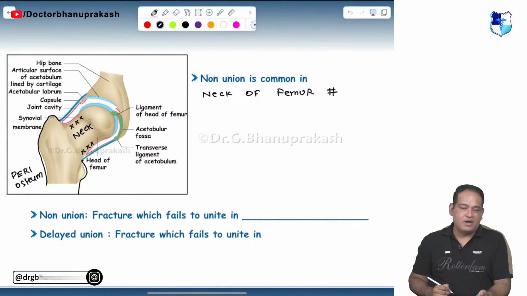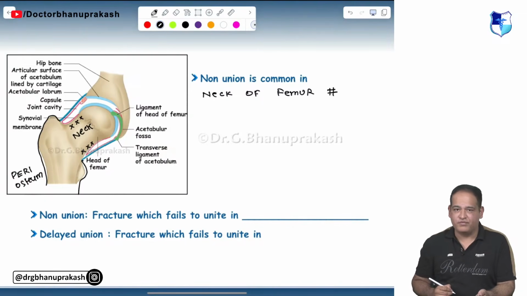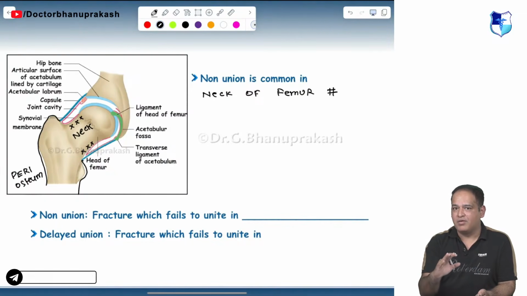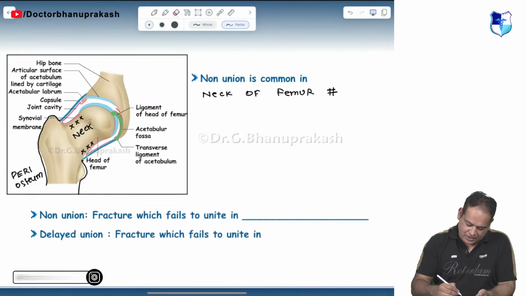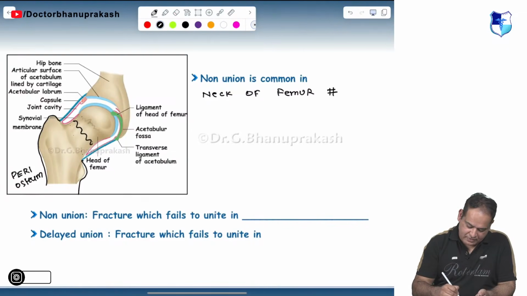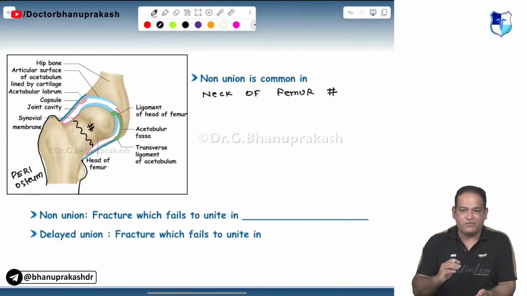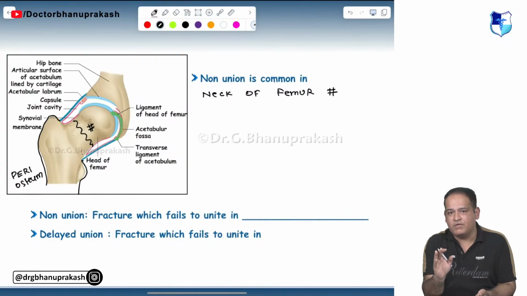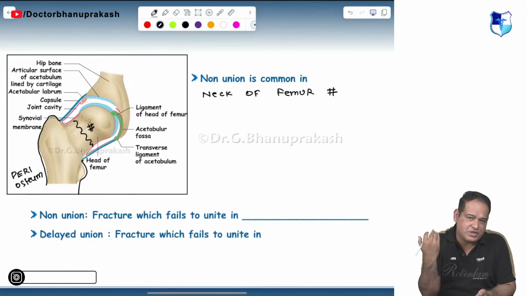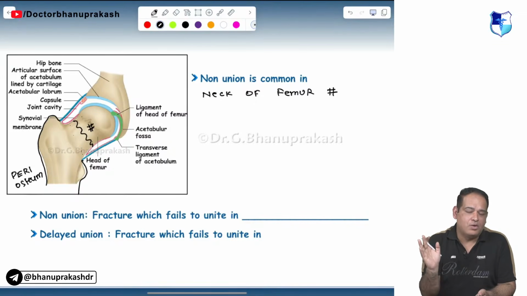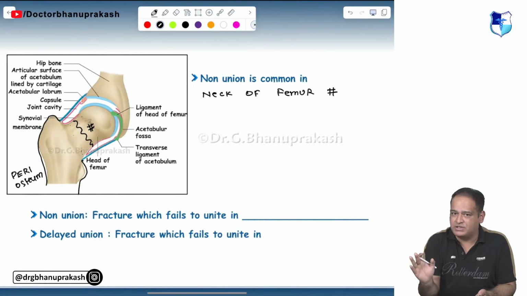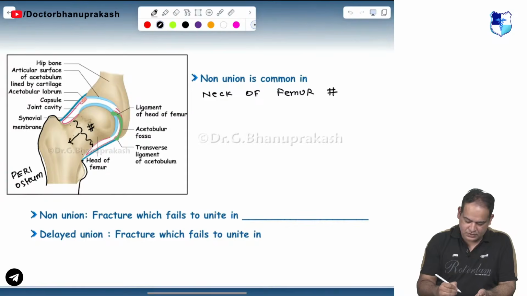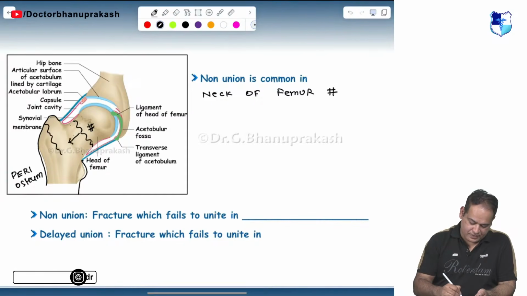So if a fracture occurs here at the neck of the femur, this fracture will heal very, very slowly. In fact, in some patients, this fracture will not heal at all because there is no support of periosteum. इससे थोड़ा सा ही दूर, slightly far away here, like this.